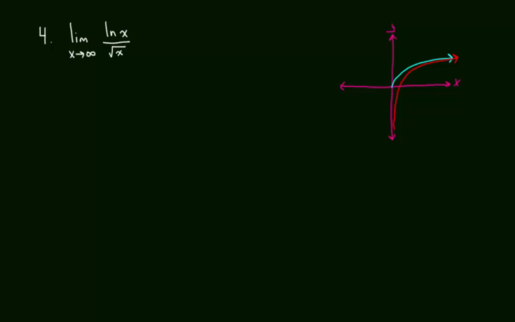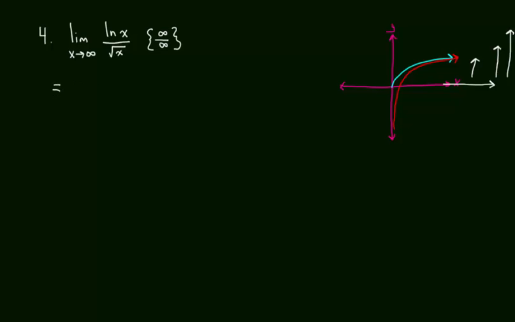In both cases, even though it doesn't look like it, each one of these functions grows without bound. So as x grows infinitely, the function ever so slightly will eventually grow without bound also. So this leads us to the indeterminate form, infinity over infinity.